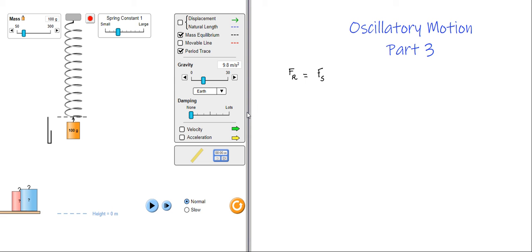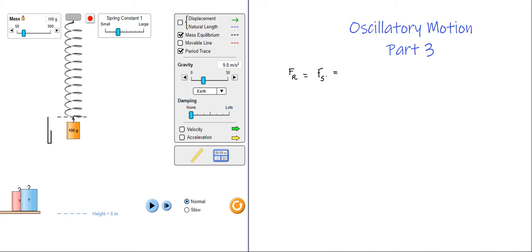Now the reason that we can ignore the effect of the gravitational force on this object is because the gravitational force, whether the mass is above or below the equilibrium line, it's not restoring the mass back to its equilibrium position when it's moving in the opposite direction, whereas the restoring force of the spring is doing that.